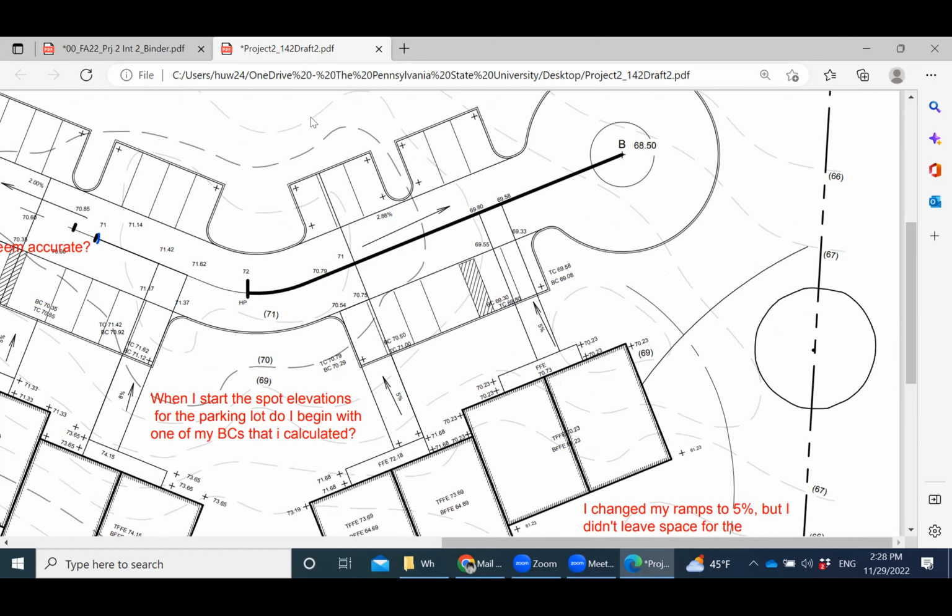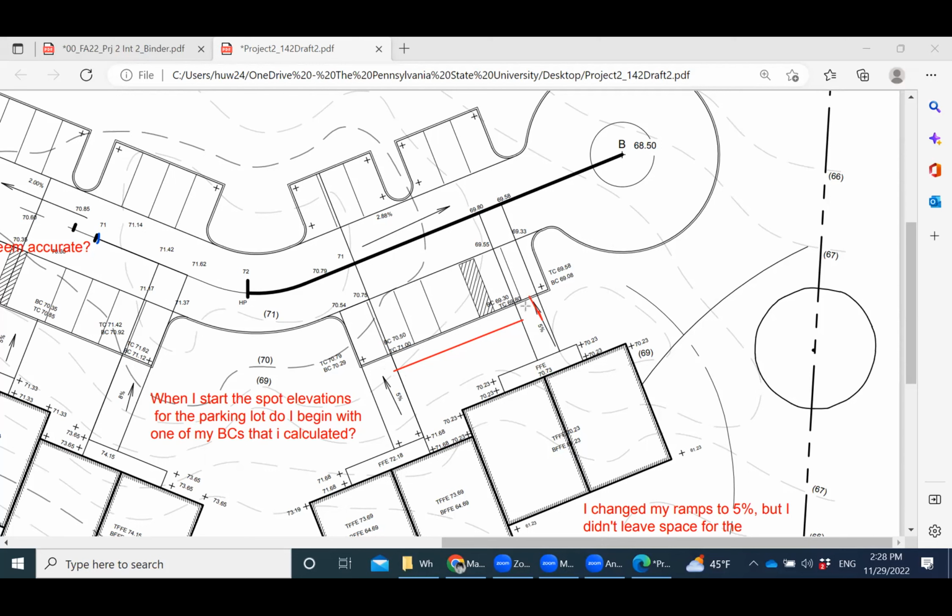Do you mean you were trying to add something here? Oh, you don't have to connect them. You can connect them, but that does not change the slope along this way. Oh, you mean if we add this, I don't want this to be 5% anymore.